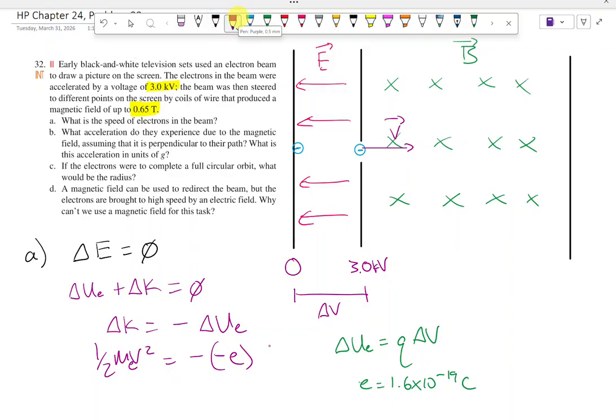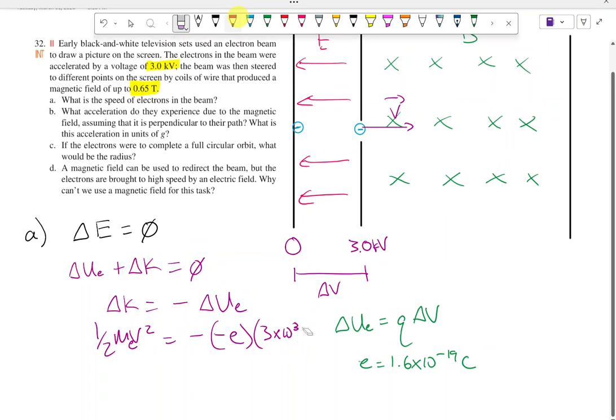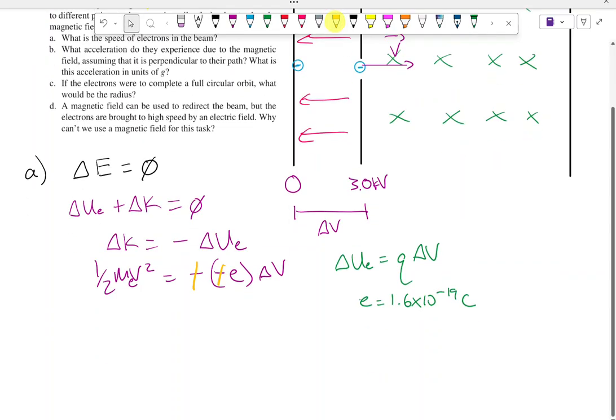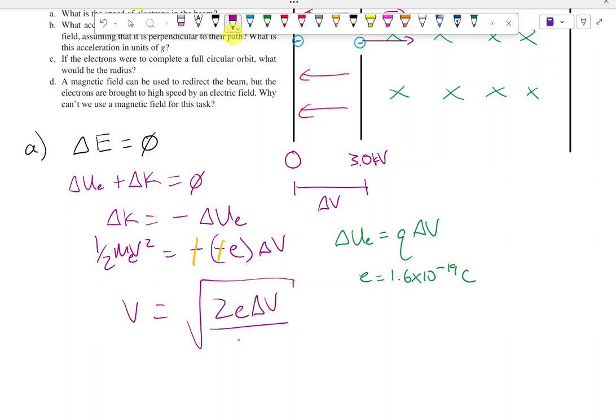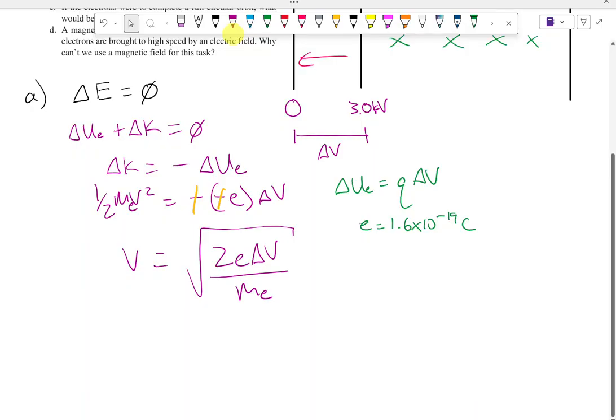The potential difference is 3 kilovolts, so that's 3 times 10 to the 3 volts. So this negative cancels with that negative. What are we trying to find? The speed. Isolating for the speed, it's going to be the square root of 2 times the elementary charge times the change in potential, divided by the mass of an electron.